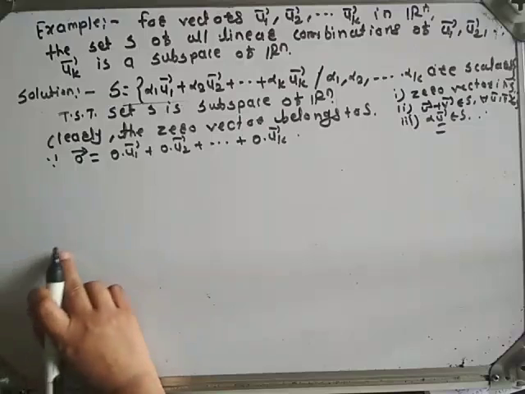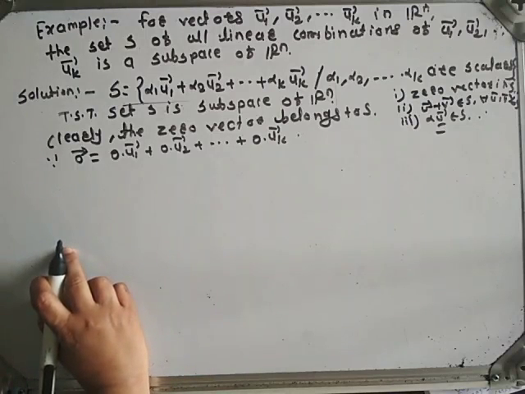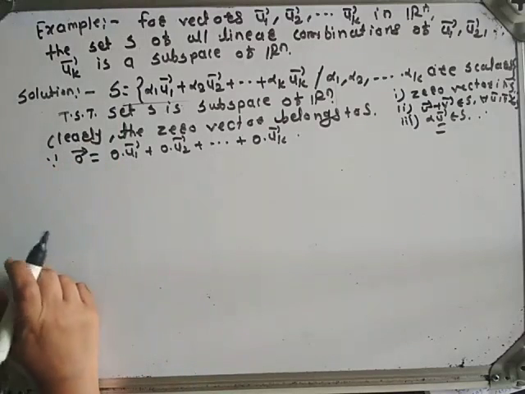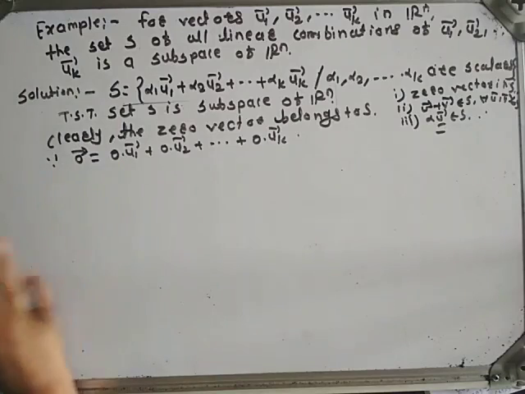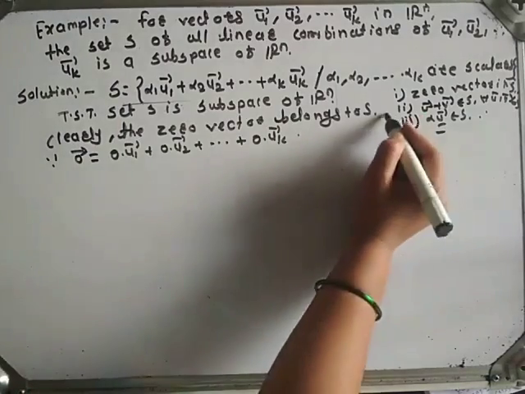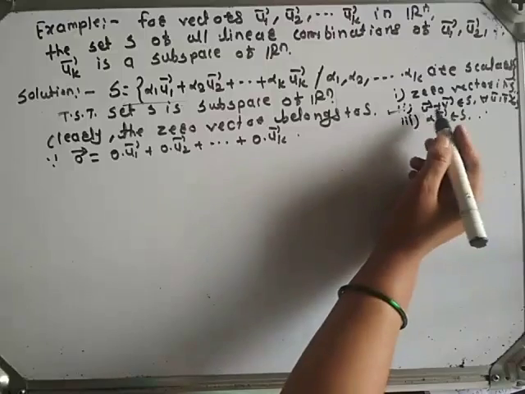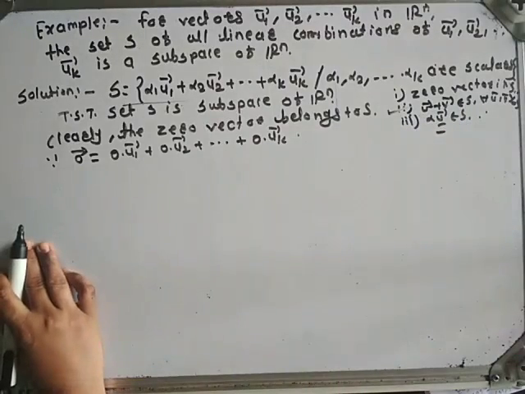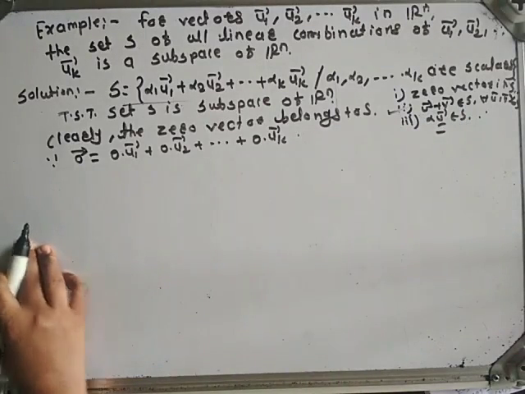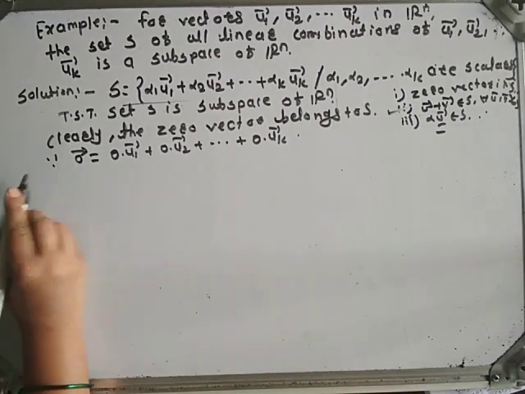Therefore 0 bar belongs to S. Hence the first property is satisfied. Now we have to show u bar plus v bar belongs to S for all u bar, v bar belongs to S.